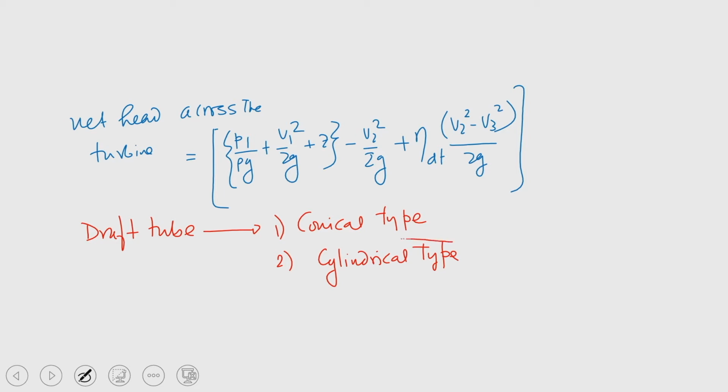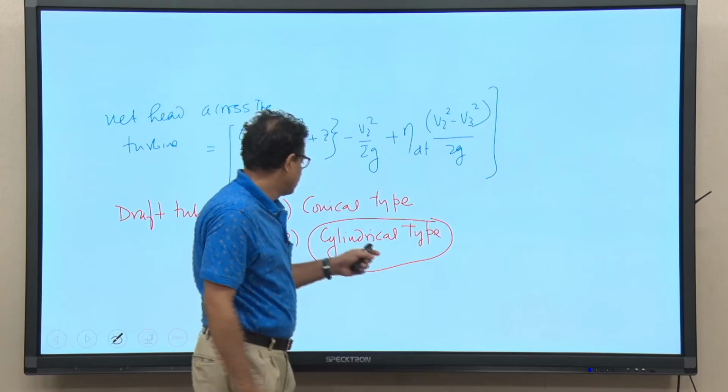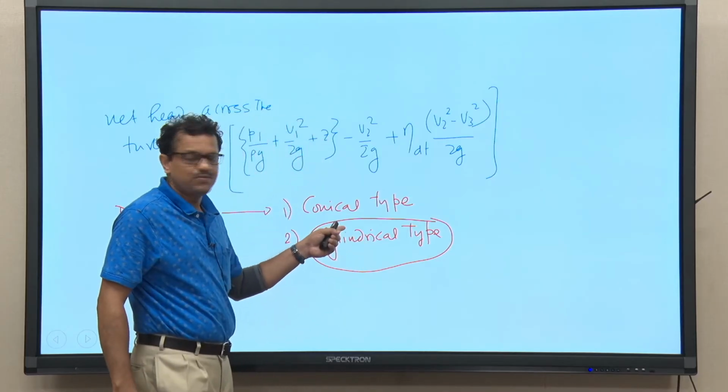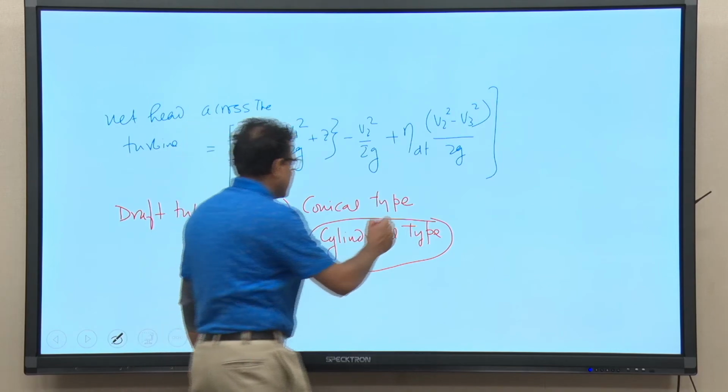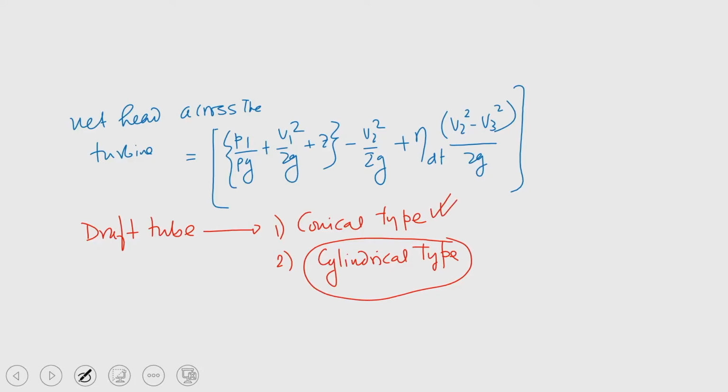But the cylindrical type is of no use because it is not possible to have recovery of the kinetic energy. Since it is very difficult to have recovery of the kinetic energy with the cylindrical type, that is why the conical type is used mostly.